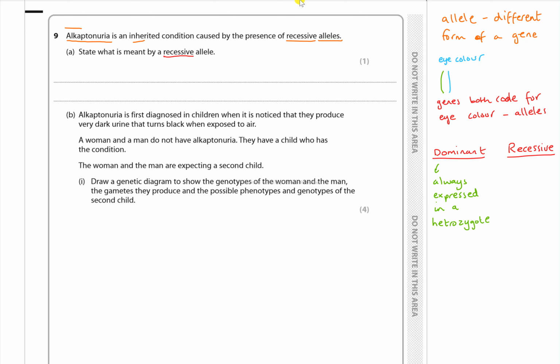So a heterozygote is where you've got two different forms of the same gene, one of each. Hetero. If it's homozygote, you've got either that form or that form, where you've got two recessive or two dominant.